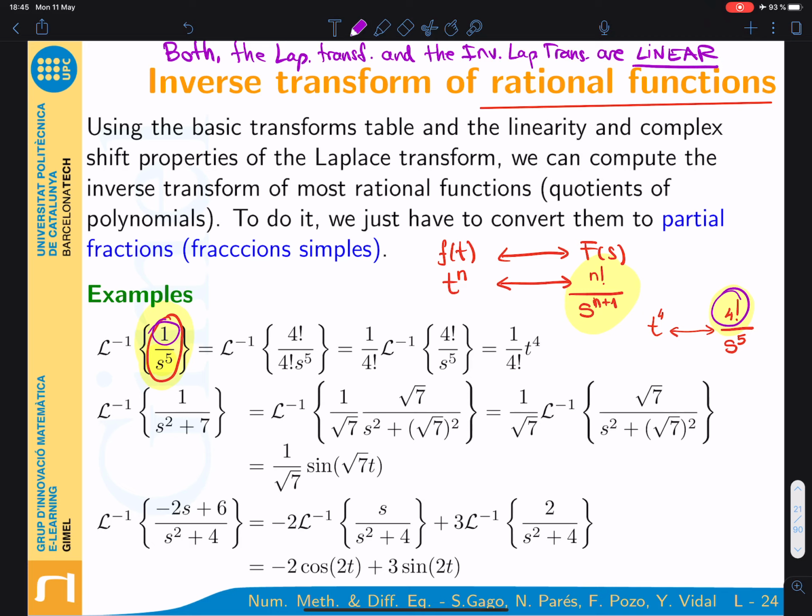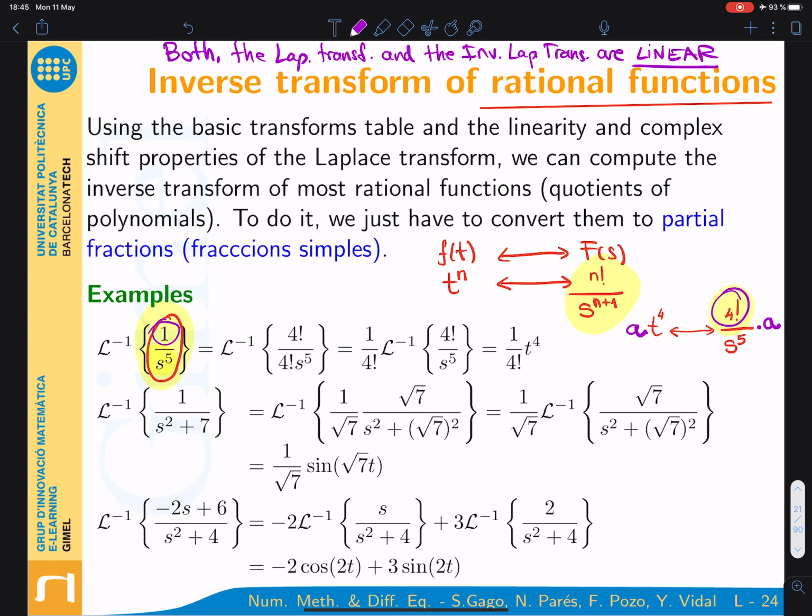So if they are linear, I can multiply by a constant value here, and in the time domain, it will get multiplied by the same constant. I can multiply this by a, and this will be multiplied by a. That's the meaning of linearity when dealing with a constant value, yeah?